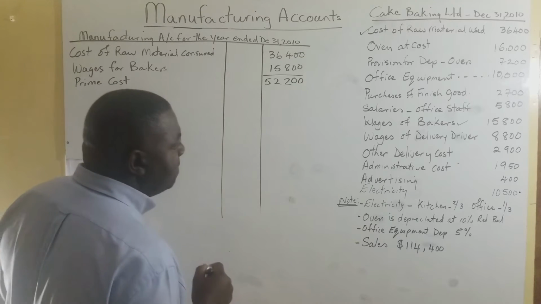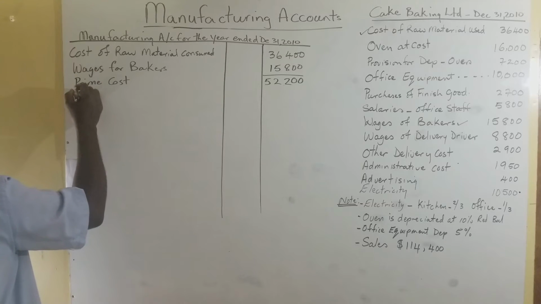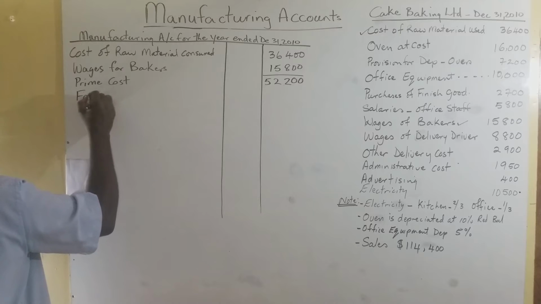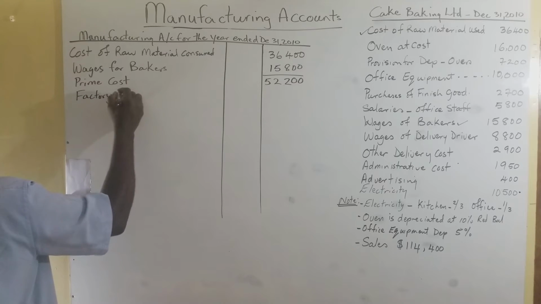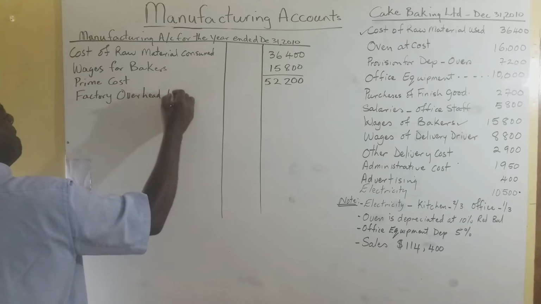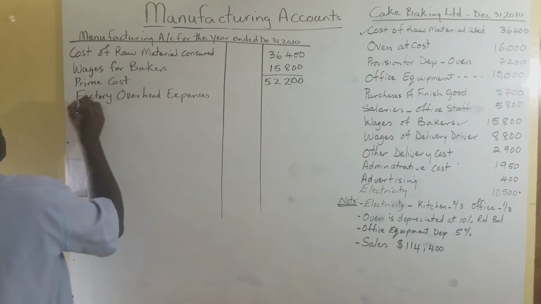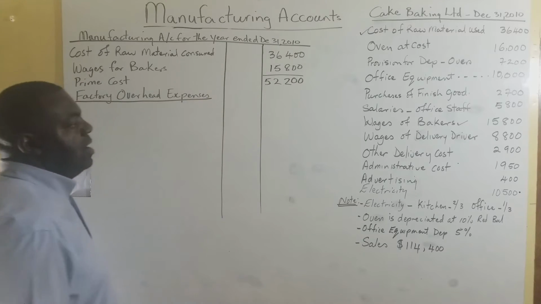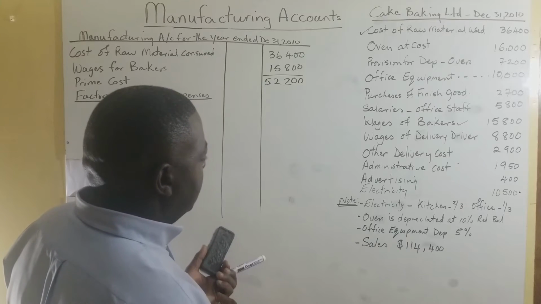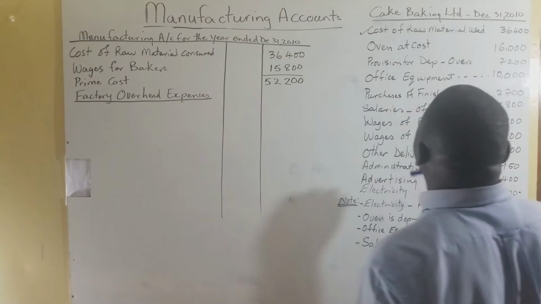All right. Our next move, having found the prime cost, is to deal with our factory overhead. All right, factory overhead, those are the other expenses relating to the factory. So let's go.